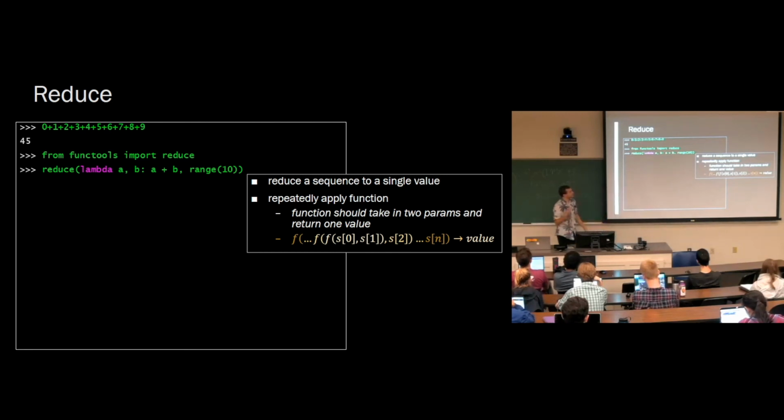This is a function that takes in 2 parameters and returns one number. And what reduce is going to do is use this 2-to-1 function to reduce the entire list down to one number. So what this is going to look like is, first, it'll reduce the first 2 elements. And then it'll reduce the result and the next element.